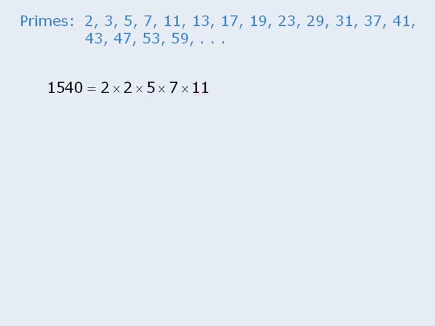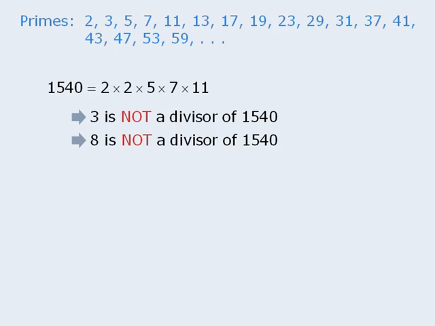Using the prime factorization, we can also see that 3 is not a divisor of 1540, since there is no 3 to be found in the prime factorization of this number. Similarly, 8 is not a divisor of 1540. We know this because 8 is equal to the product of 3 2's. So for 8 to be a divisor of 1540, there would need to be 3 2's hiding within the prime factorization.